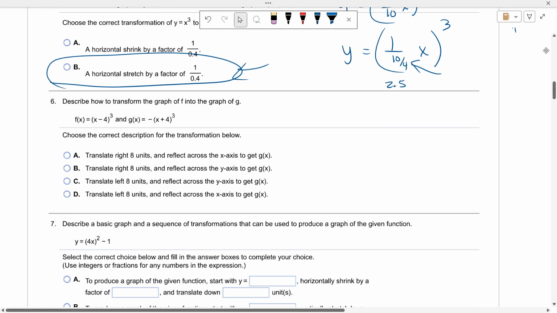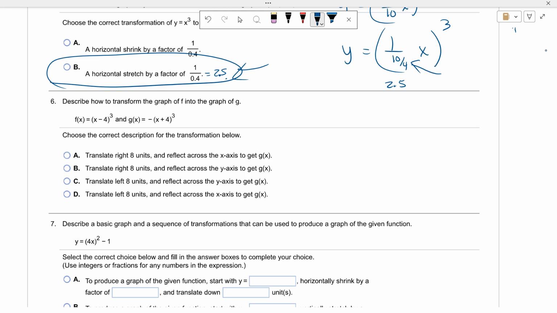Why would it be a stretch? Because if you take 1 divided by 0.4, you get 2.5. So you're stretching it 2.5 times out. Because you're dividing by a number, you always have to put it under 1.